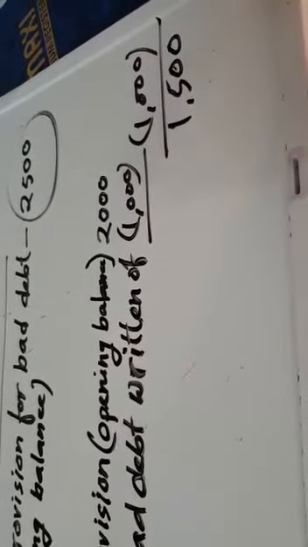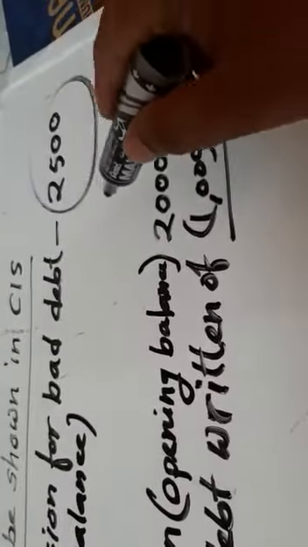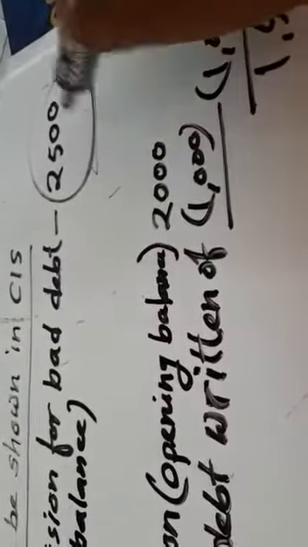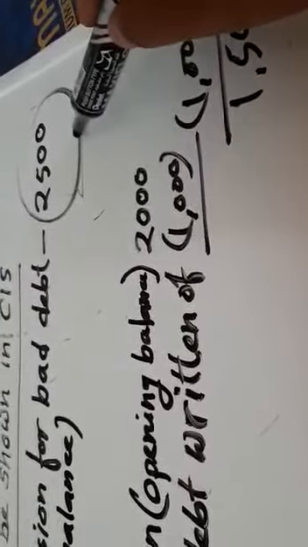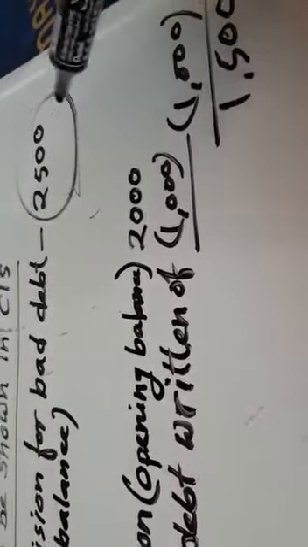Then we get the balance. That balance is 1,000. That means from our old provision, that is the opening balance, we minus the new bad debt. Then we get the balance. That balance we have to adjust with the new provision. Our new provision was 2,500, and from this 2,500 we need to minus the balance.